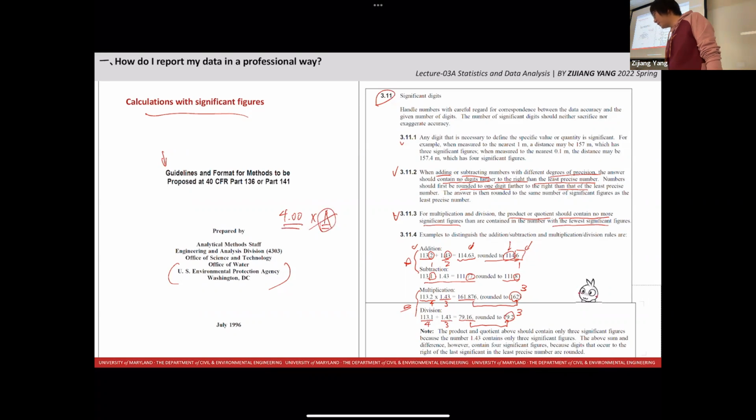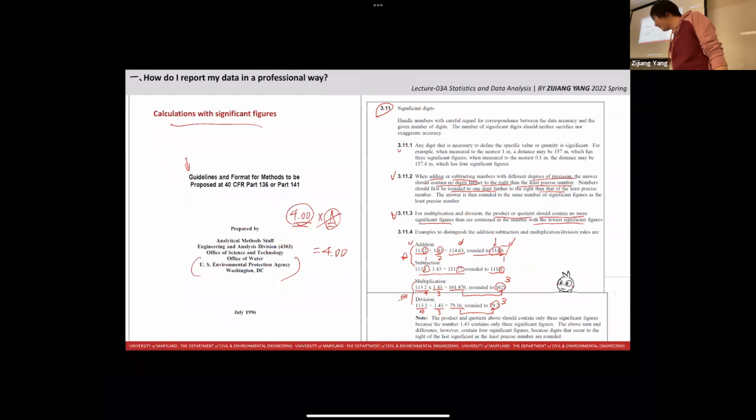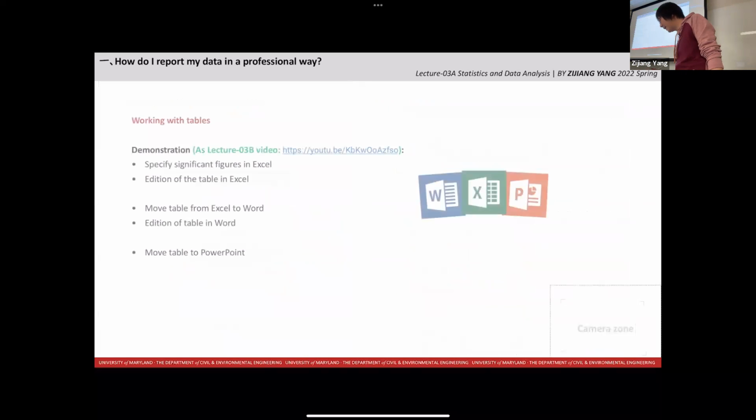We just report the significant figures of the other number, so the result will still be this one. But in my experience, I haven't used counts as input data in my research, so I think this is not quite common.